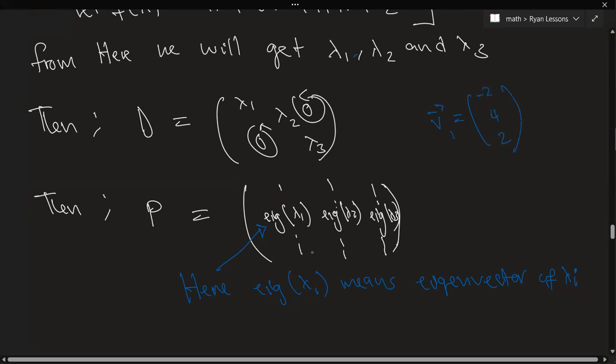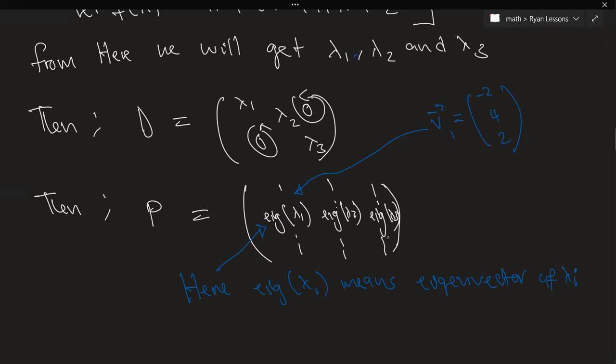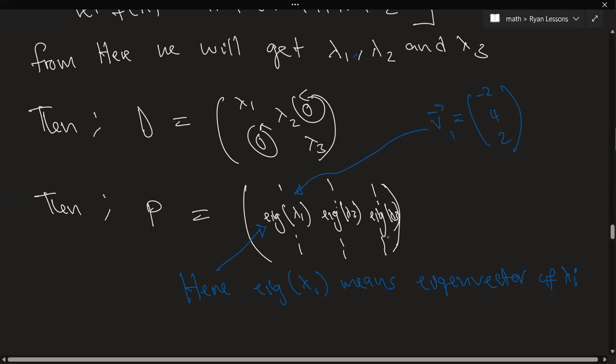What I mean by these lines is that you will put it there as a column. So it will be -2, 4, 2. Then the second one also will become a column, and the third will become a column. Oh, okay. All right. I understand that. So that's it.